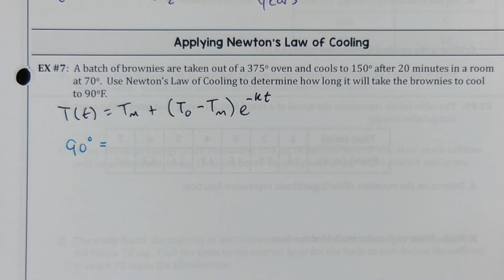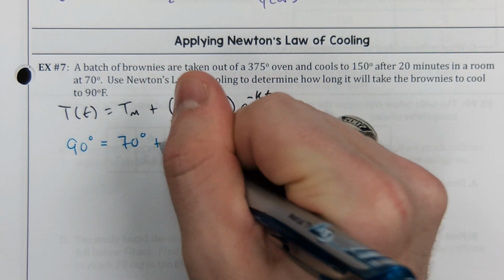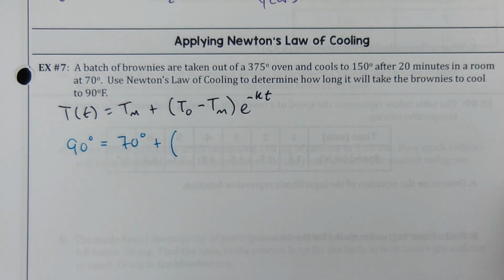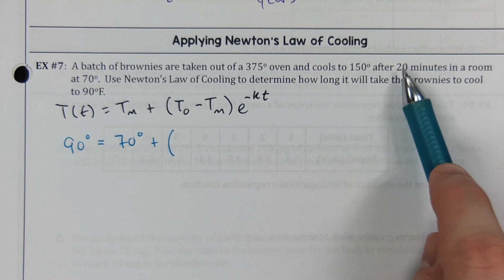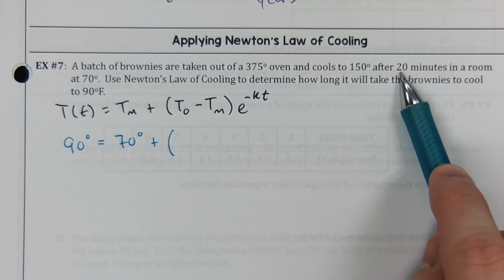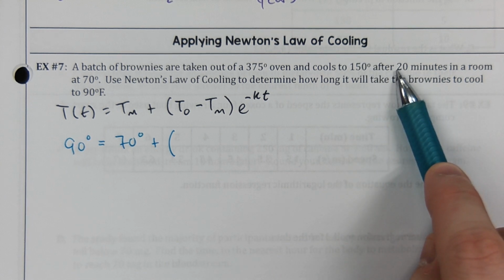The surrounding medium is the temperature of the air around, and it says the air around is 70 degrees. The original temperature is going to have to be 375. Oh, there it is. That's why we have to solve for k. Because we know that we dropped down to 150 after 20 minutes.